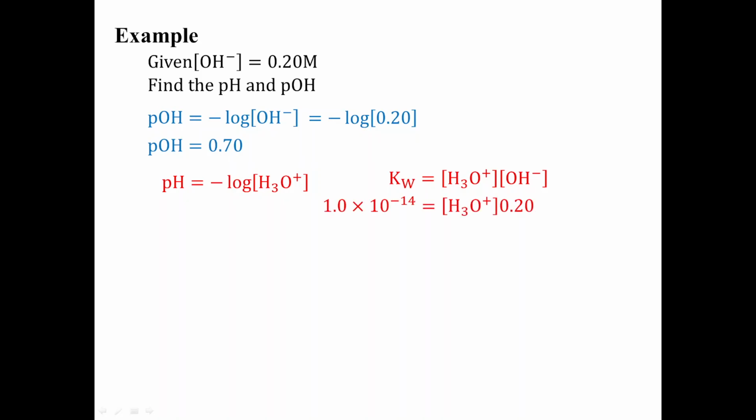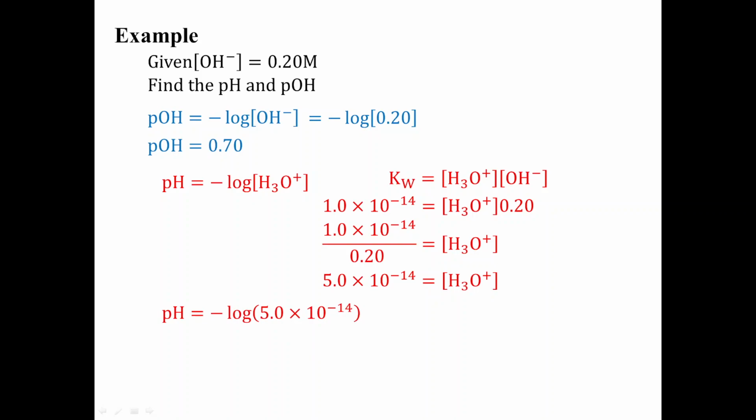We can plug in the values that we know, and then we can solve for H3O+. So we'll do 10 to the minus 14 divided by 0.2, and we'll find that it's 5 times 10 to the negative 14. So now we can take the negative log of 5 times 10 to the negative 14, and we'll see that we have a pH of 13.3.